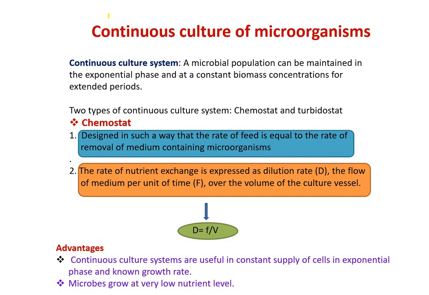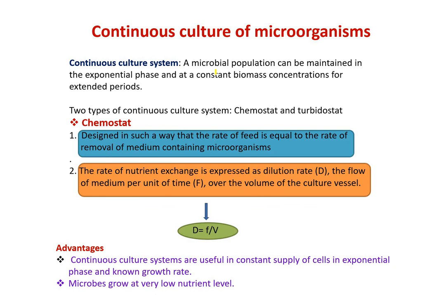That means under this culture system the cells remain in a steady state. And one limiting factor over here is nutrient limitation. Under nutrient limitation, the microorganisms can grow well and have a good growth potential.